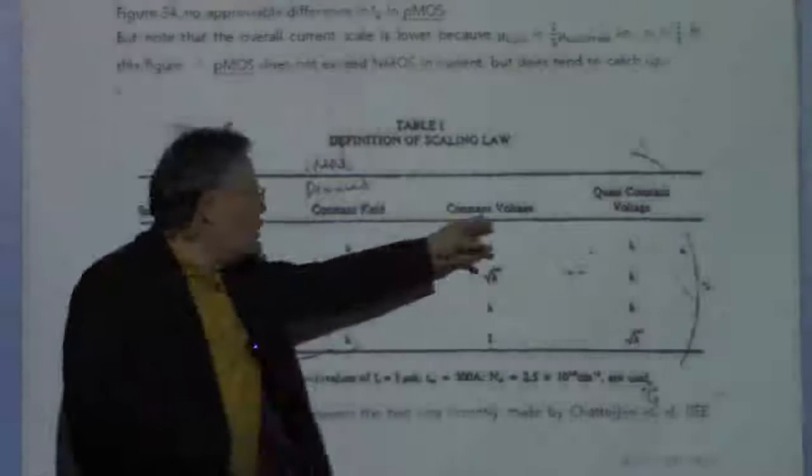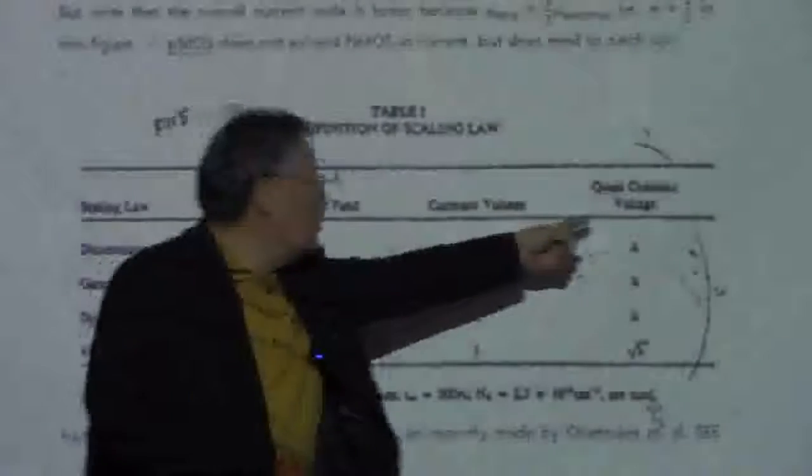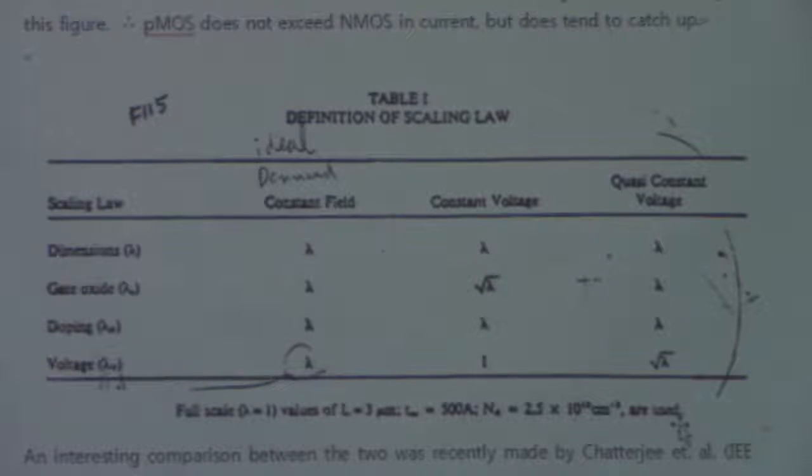And constant voltage means even though you shrink the device, you just keep the drain voltage the same as before the shrinkage. So naturally, in this case, we're going to increase the electric field, right? Quasi-constant voltage means you just play in between of this, so as not to go to the extreme. That is a very industrial term, okay?